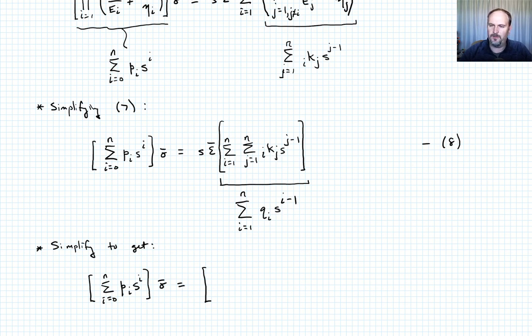And so this now goes from s to the i minus 1 to just s to the i. And this now becomes the sum from i equals 1 to n of q sub i s to the i times epsilon bar. Okay, we'll call that equation 9.